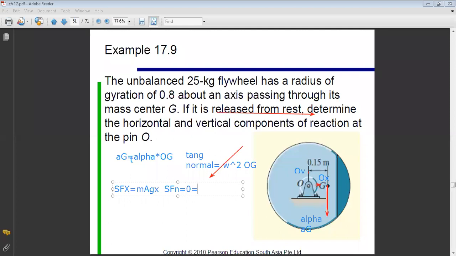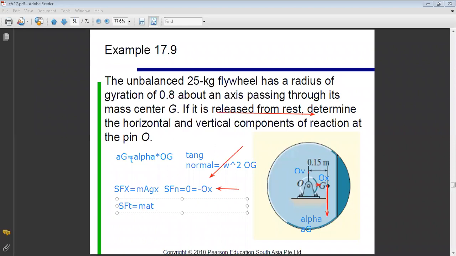So in the normal direction, I only have minus OX. Why do I put minus OX? Because UN is always directed towards the center of rotation. So UN is directed like this. Okay? So from my first relation, I can get that OX is 0. Now if I apply the second relation, sum of FT equals M AT, A tangential.